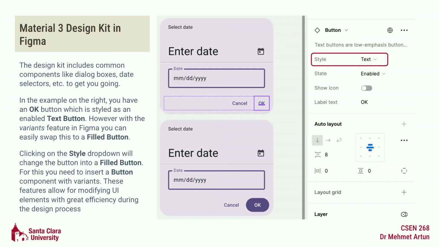So then you go and select this button, okay? And automatically, in the design kit, a style property comes up. And in that style property, you will be able to select if it should be a filled button or whatever button. And this way we do.